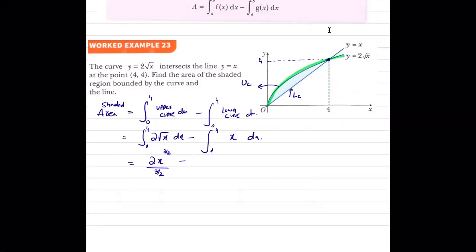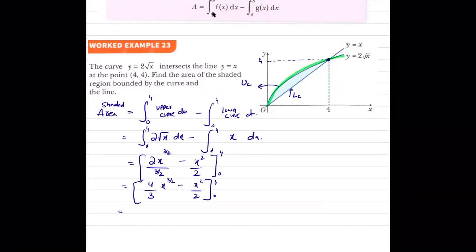Minus, what is the integration of x? x squared upon 2, right? Okay, so if you simplify this, you get 4 upon 3 x to the power of 3 upon 2 minus x squared upon 2, and the limits are 4, 0.